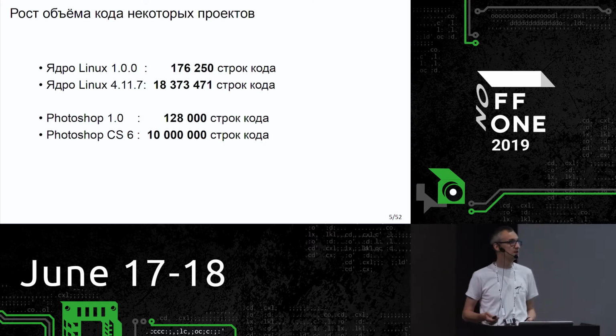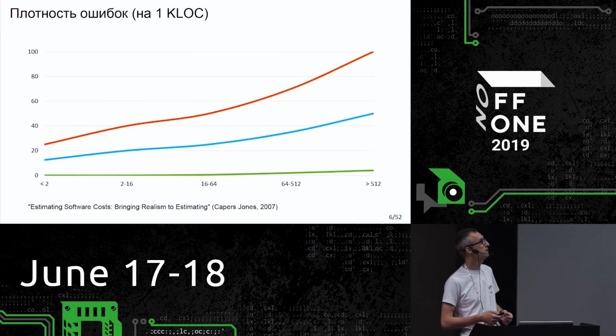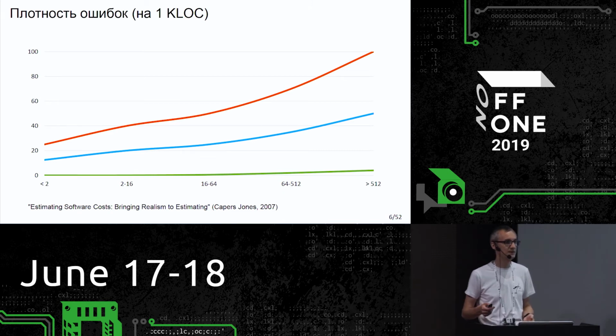Usually it takes different tools, instruments, and technologies. Basically, the main problem is the increasing number of mistakes in the code. The errors in code are increasing: the bigger the code, the more errors we have in it.